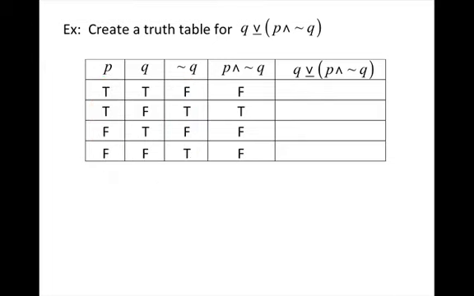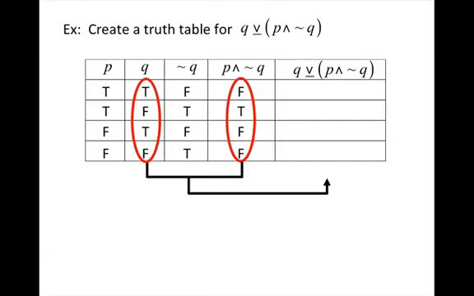And then finally, for the exclusive OR, in front of it is a Q, and behind it is P and not Q. So I compare those columns. The exclusive OR is true when only one of those values is true. It's false when they're either both true or both false.